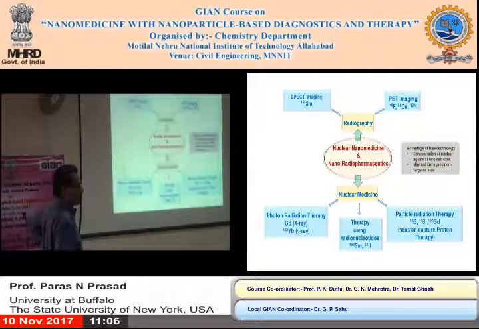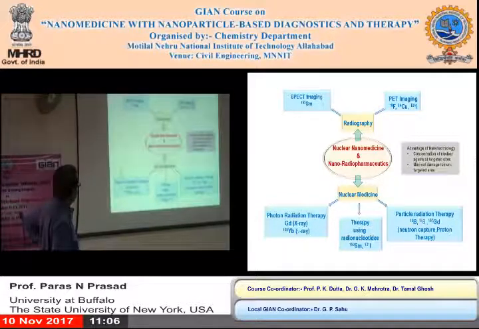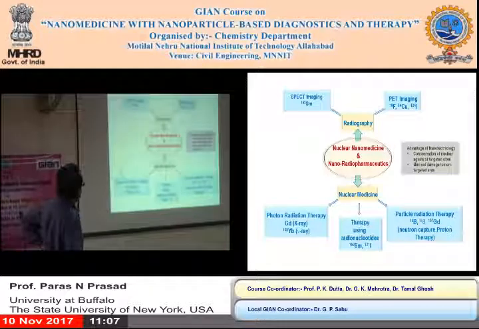So the radioactive isotope gets into the site where you want to go, and then you can image by detecting the radiation coming out from the radioactive nucleus, okay. So you have SPECT imaging. PET imaging is a very powerful imaging tool, now very extensively utilized, and that uses fluorine-18, copper-64, iodine-124.